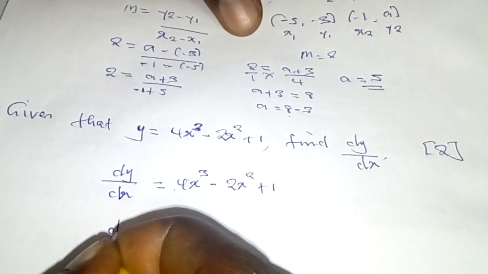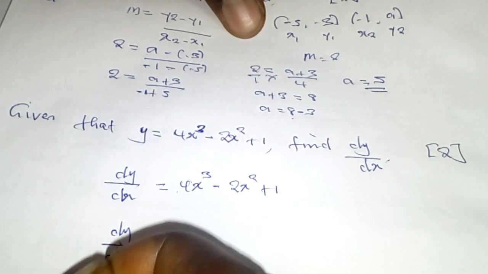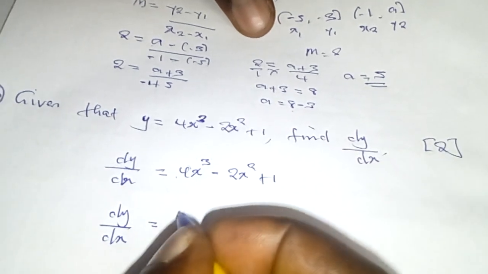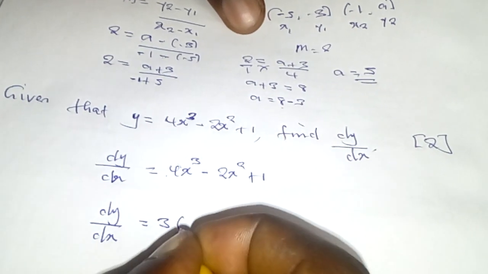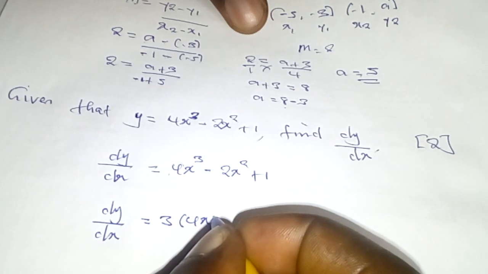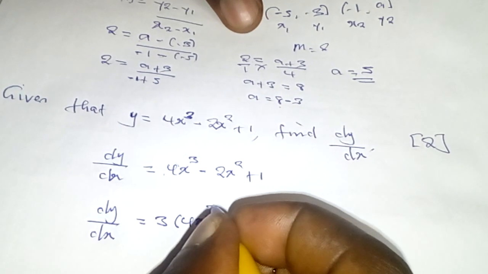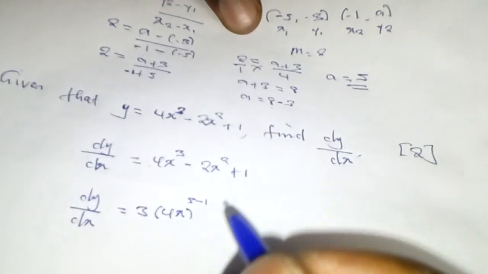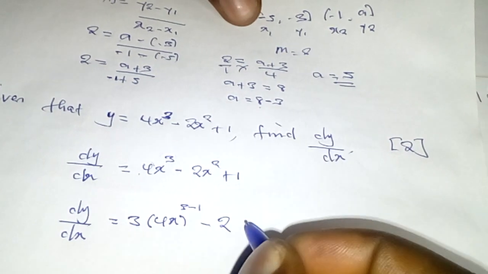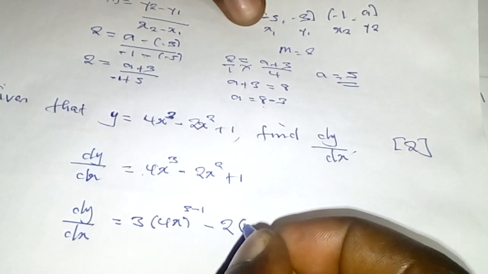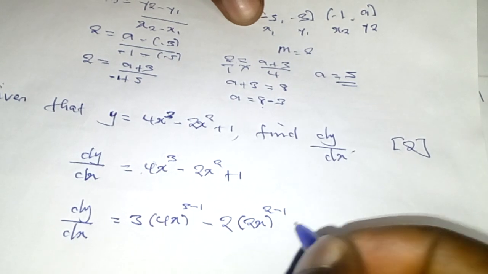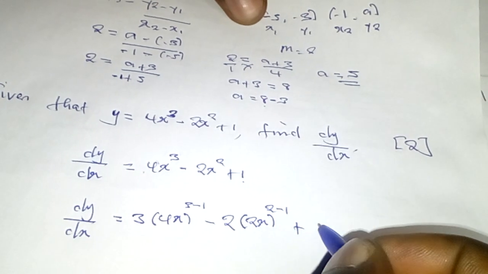So we continue by saying dy/dx equals 3 open brackets 4x to the power 3 reduced by 1, minus, here also the power is written in front, 2 open brackets x to the power 2 reduced by 1, plus, a constant number is 0.